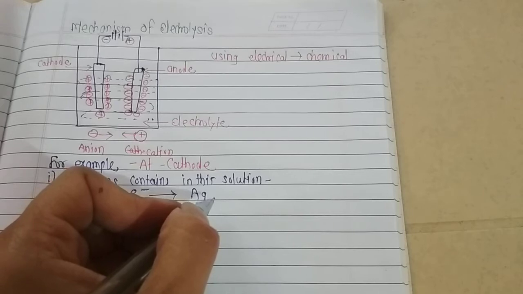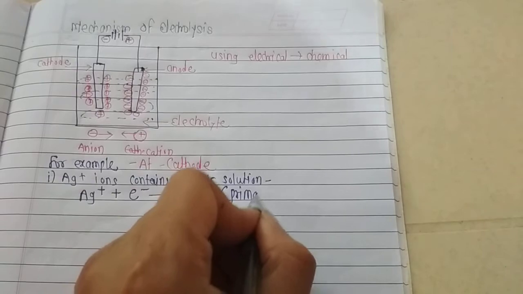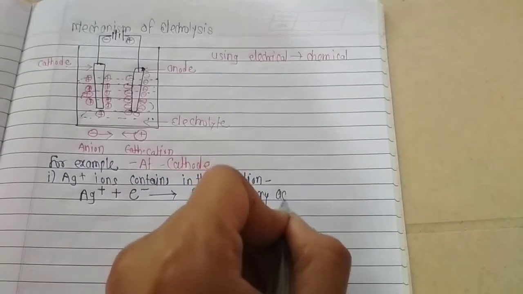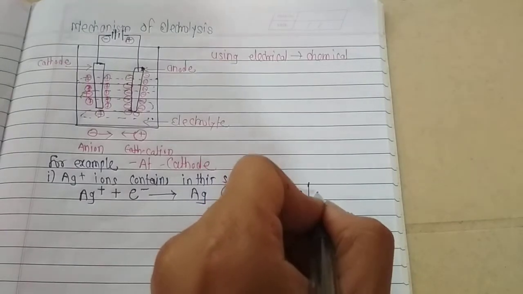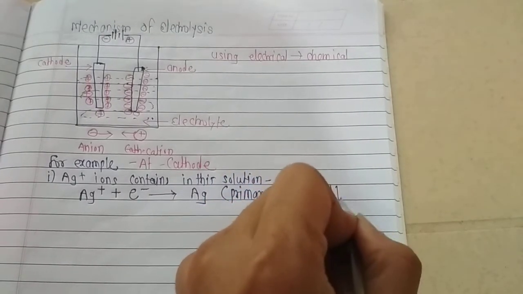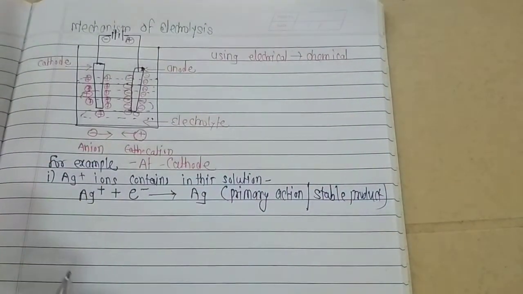This is known as the primary reaction, and a final stable product is formed. Yes, a stable product is formed, meaning direct gain of electrons by the Ag+ ions takes place.